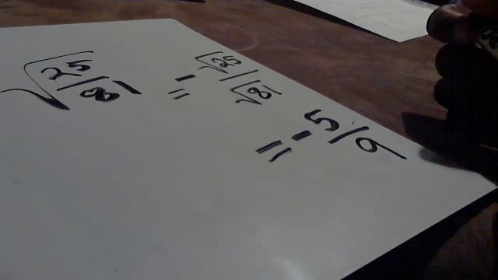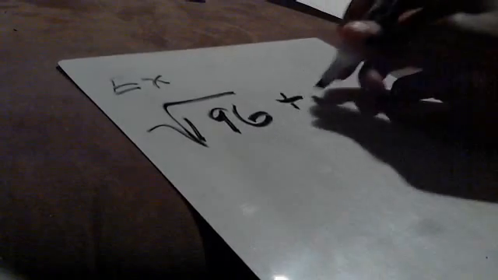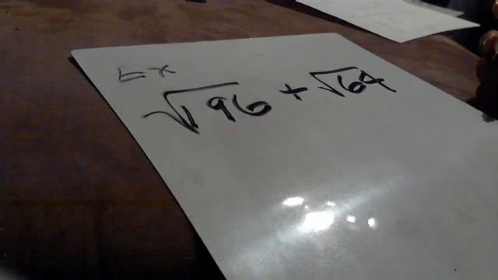Okay? Oh no, one more problem dealing with our square roots. One more example. Let's say we had the square root of 196 plus the square root of 64. What would that be?